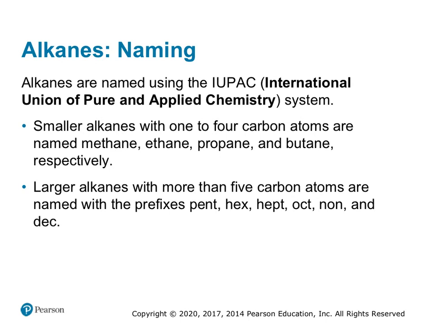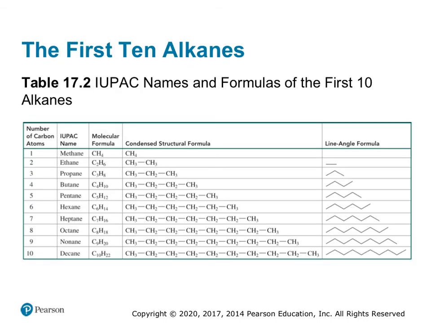That's the naming system that we'll be using. Alkanes that have more than 5 carbon atoms are named with the prefixes that we have learned previously. Penta means 5, hexa means 6, hepta, octa, nona, and deca. So those all increase the carbon atoms 1 each.